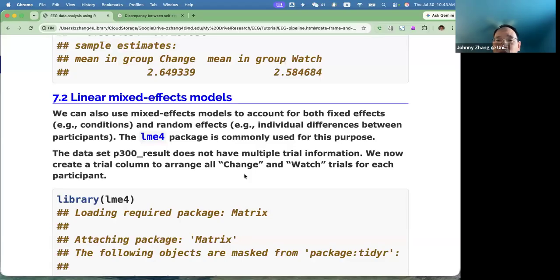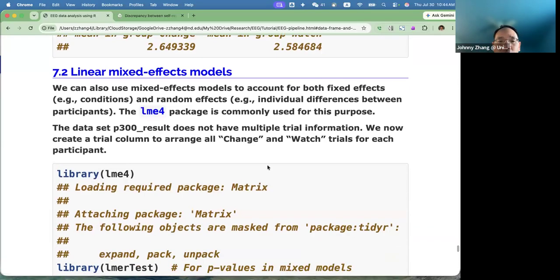They may view a neutral image, or they may view a negative image. So those could be viewed as different trials. If you keep each epoch's information previously, you can also use linear mixed effect models to look at the differences too.